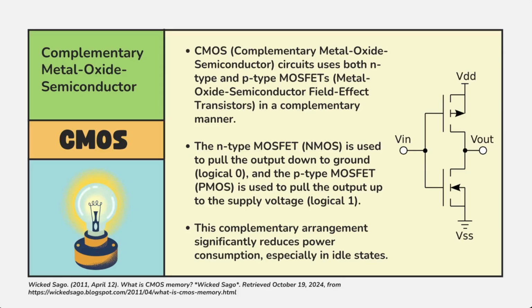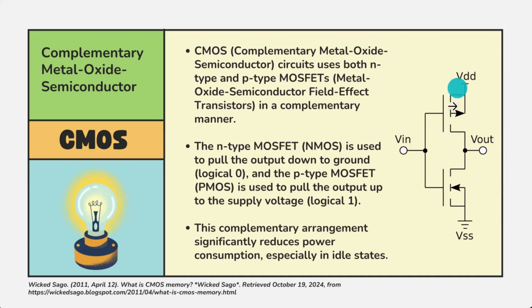The N-type MOSFET, or NMOS, is used to pull the output down to the ground, or logical zero, while the P-type MOSFET is used to pull the output up to the supply voltage, logical 1. This complementary arrangement significantly reduces the power consumption, especially in the idle state.